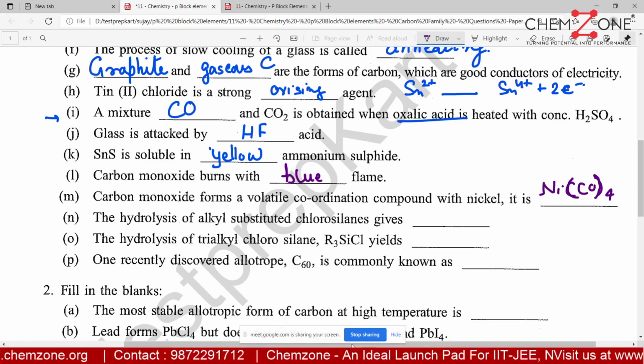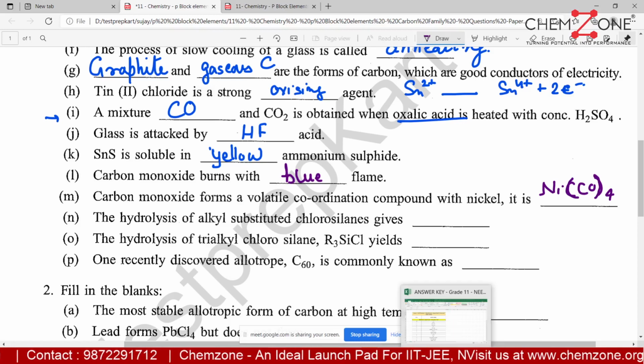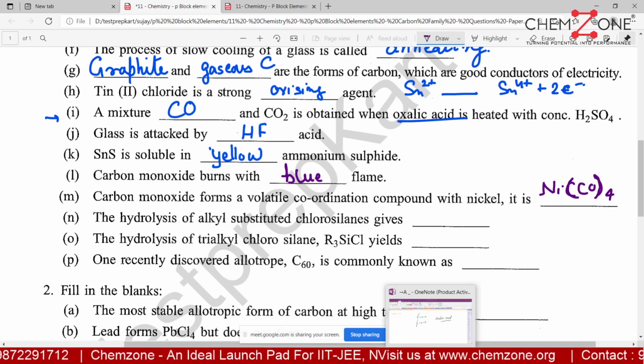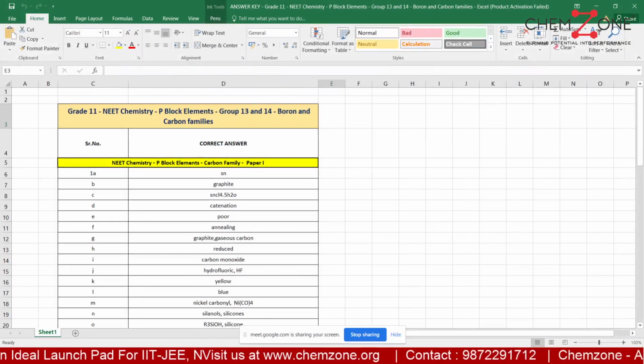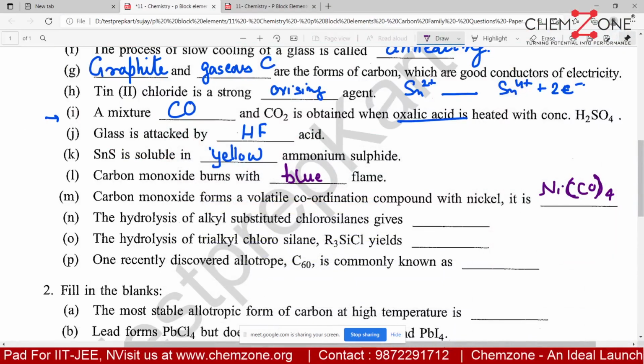Understood? Now the alkyl substituted chlorosilane gives silicones. Yes, silicones.